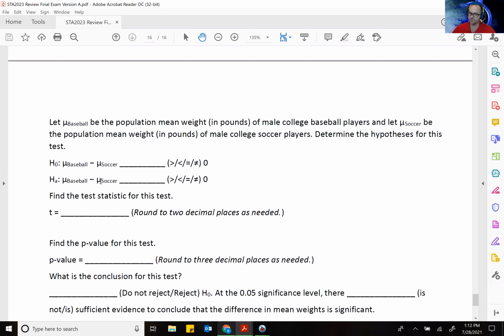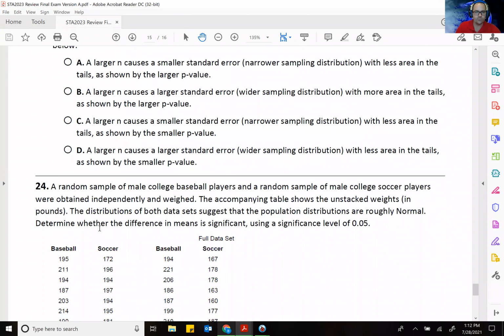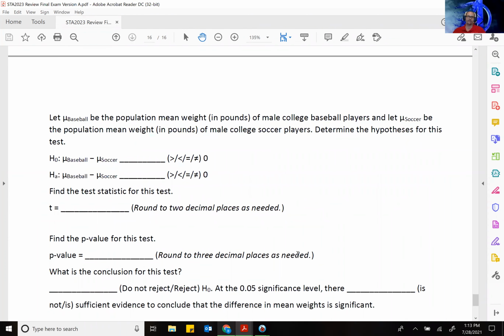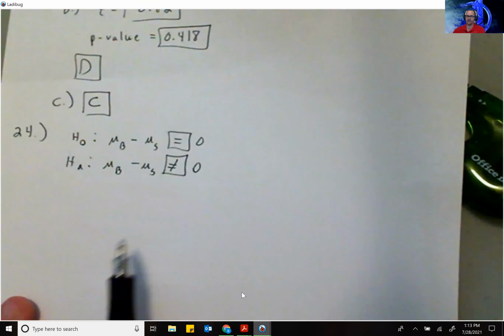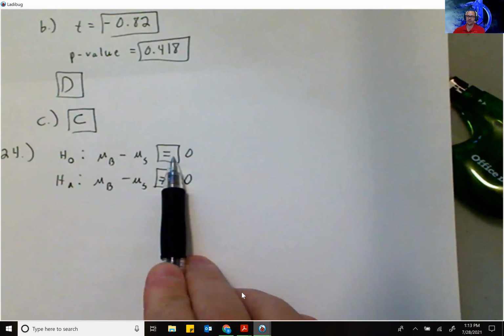And for the alternative, what are we testing when we ask whether the difference in the means is significant? Not equal to. Perfect. So equals for the first blank, not equals for the second blank.